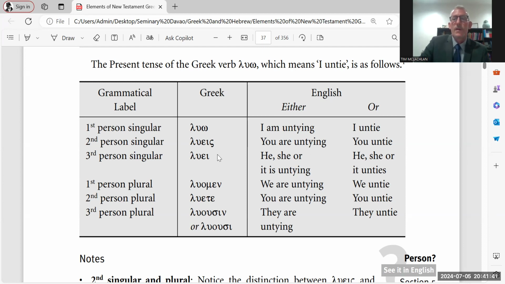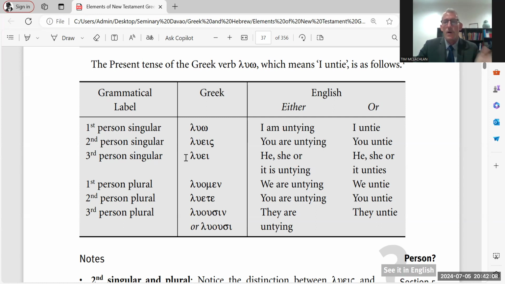Now you wouldn't normally say, like, you Tim unloosen. You just say you. But if in your example you're using a third person, and the angel was unloosening, for example, then you would have the noun here. So an angel, the angel, that would be ho angelos, because that is like the pronoun.